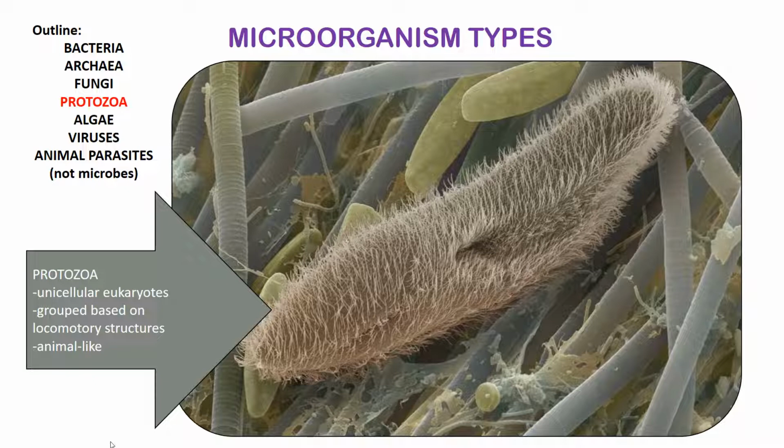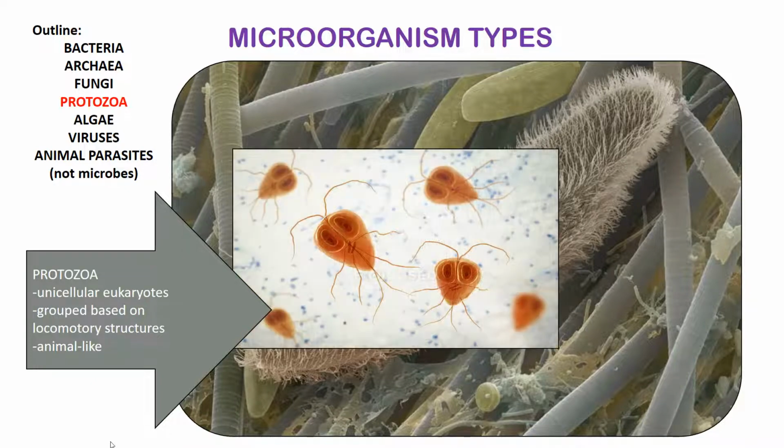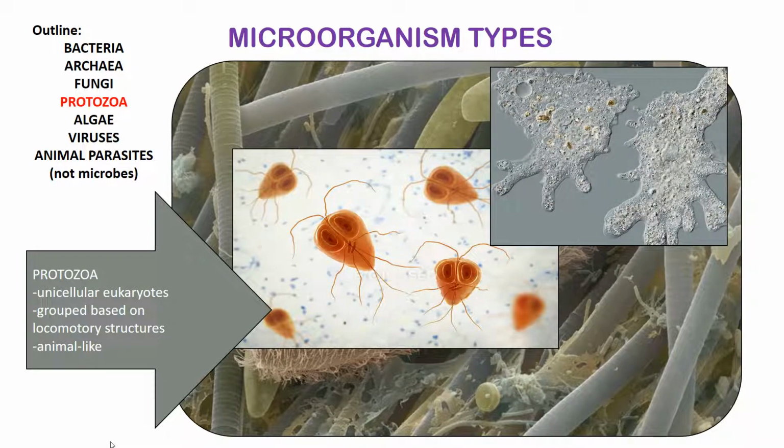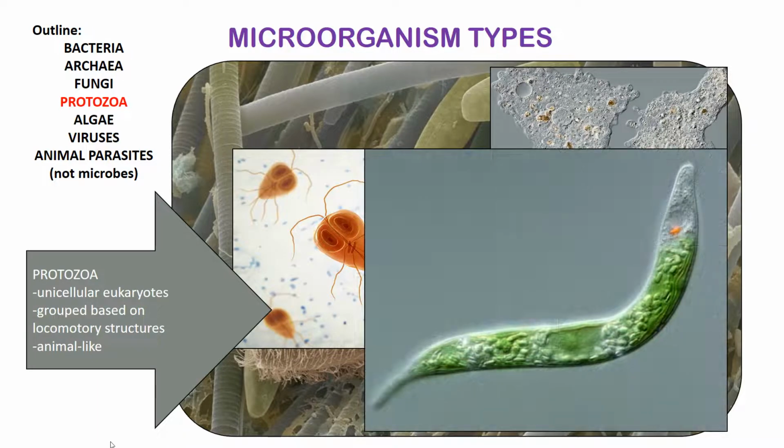So you note the hair-like projections on its surface here. There are also flagellated protozoans and the amoebas using pseudopods or false feet. And some are non-motile. Again guys, protozoans are one of the most diverse groups of organisms. Some are photosynthetic, while some can ingest bacteria or absorb nutrients directly. Therefore, they are heterotrophic.